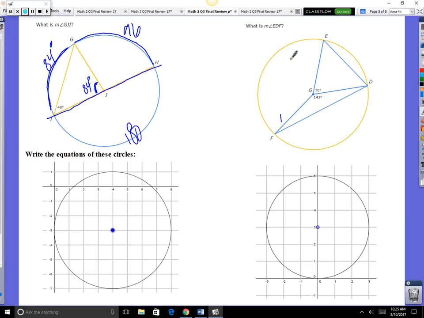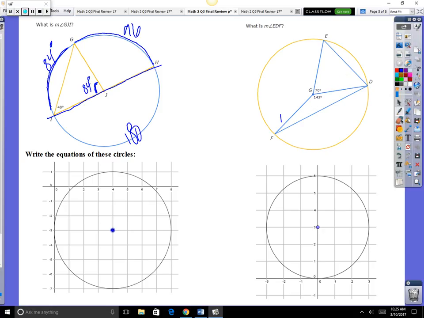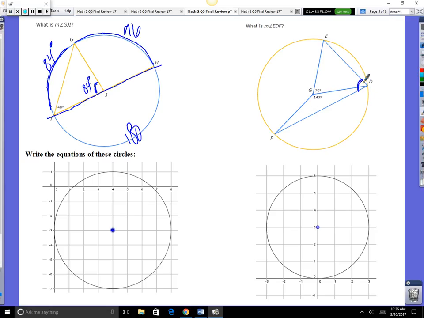Okay, now this one, E to D to F. So you need this angle right here. This angle makes this arc, so if I can find this arc, then I can find that angle. This arc right here is 70 degrees, and this arc right here is 143.